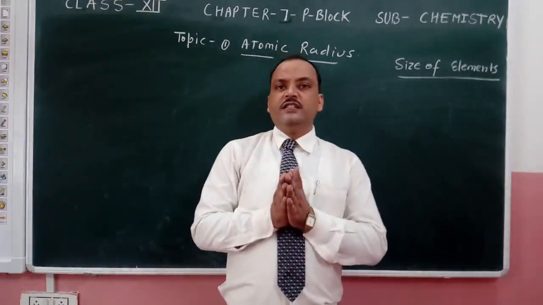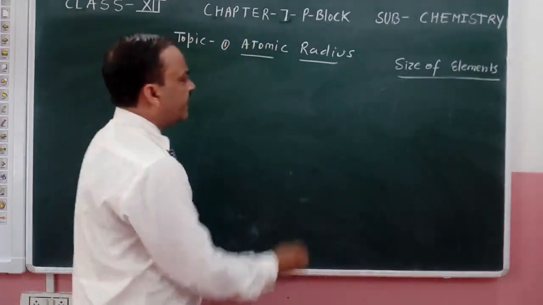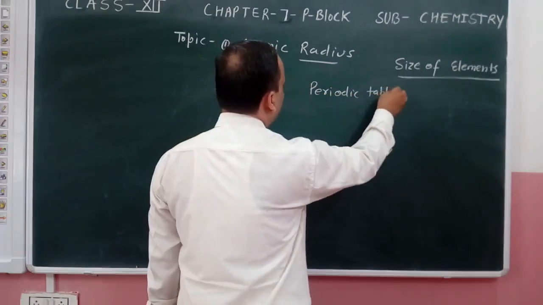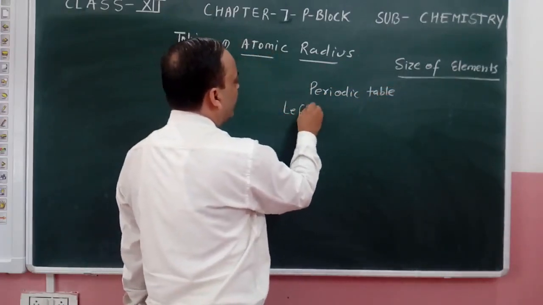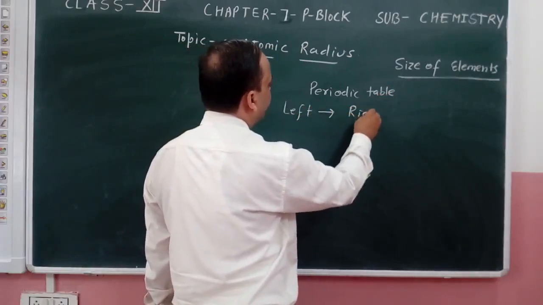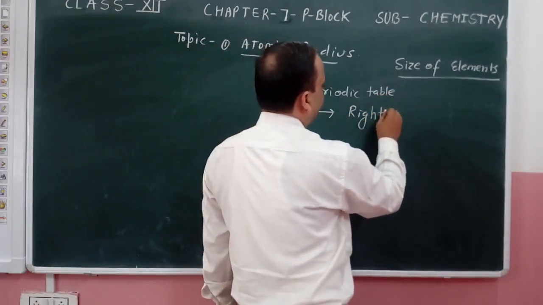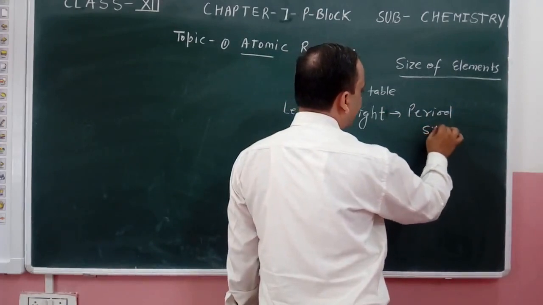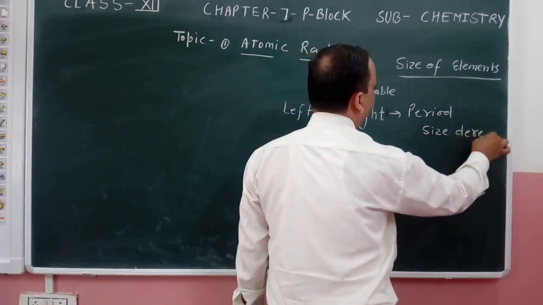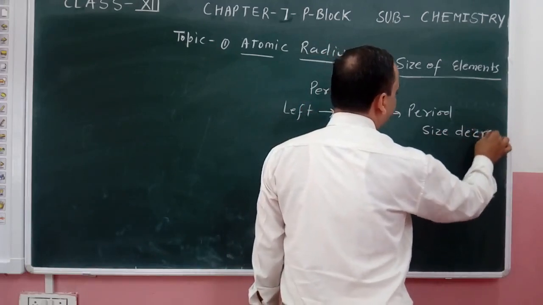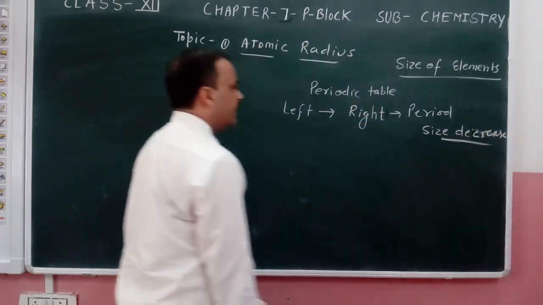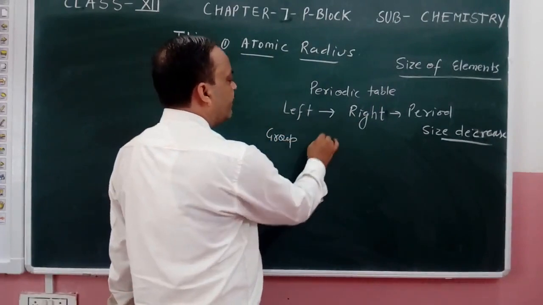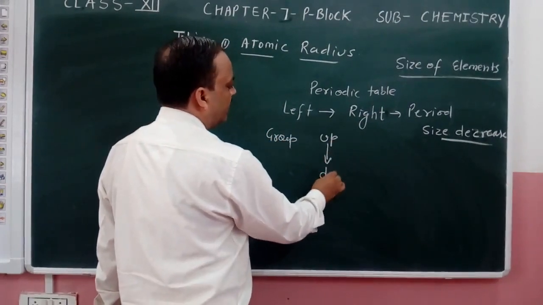In a general consideration, we all know that in a periodic table, when we move from left to right in a particular period, the size decreases.